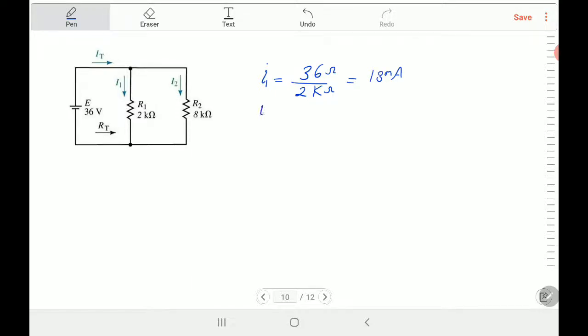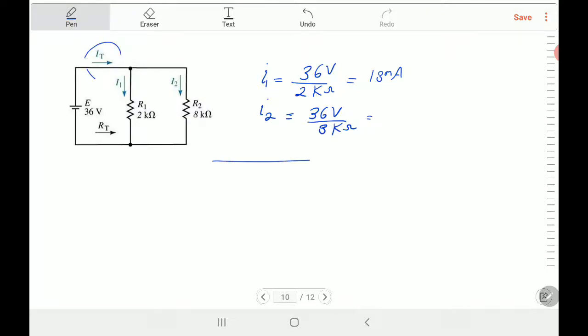If you want to find I2, it will equal 36 volts divided by 8 kilo ohm, and you find the value. You apply the current divider if you know the current and you don't have the voltage.